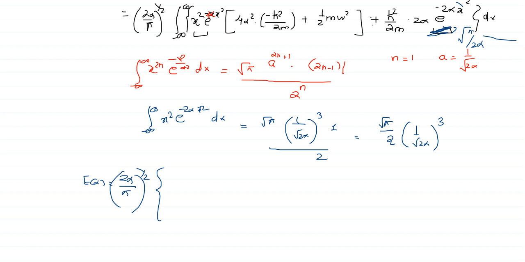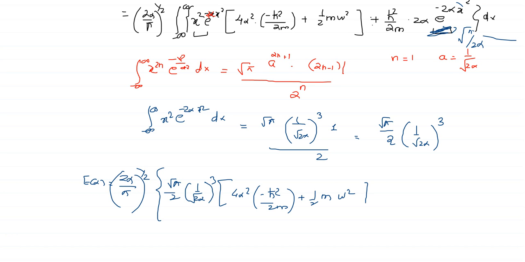This is the answer, root pi by 2, 1 upon root 2 alpha raised to 3, and then there is this constant term 4 alpha square minus h bar square by 2m plus half m omega square, and then this term, and we know this integration already. So h bar square by 2m into 2 alpha, and then this integral is nothing but pi upon 2 alpha. So we have obtained E of alpha as this.